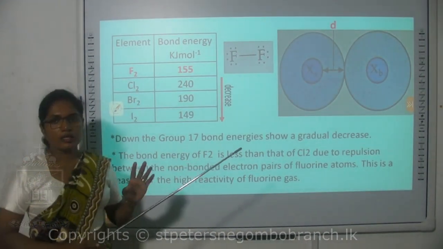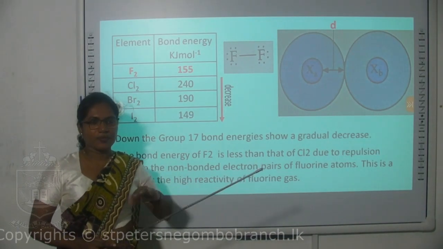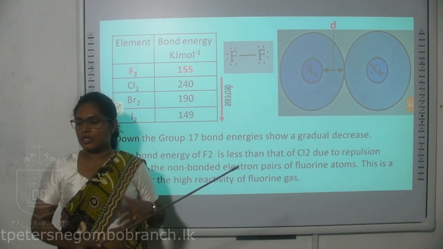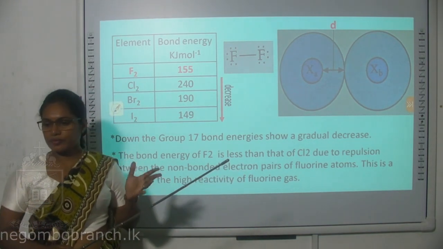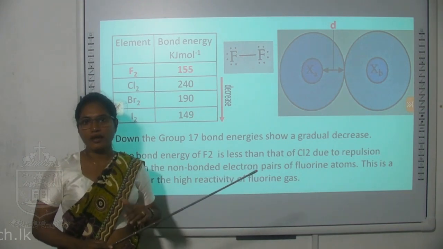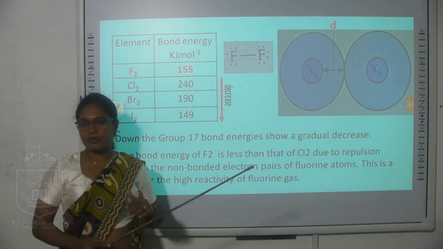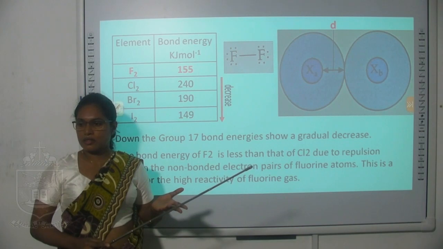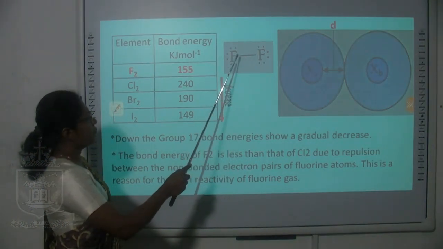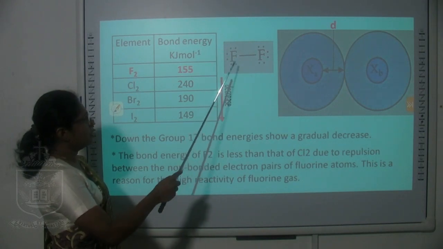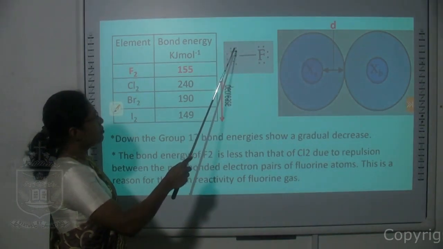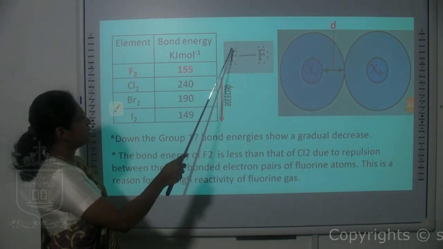But here, fluorine deviates from the other elements, because the bond energy of fluorine is less than chlorine. What is the reason for that? Because if we take fluorine, this is one atom of fluorine, it has non-bonded valence electrons.